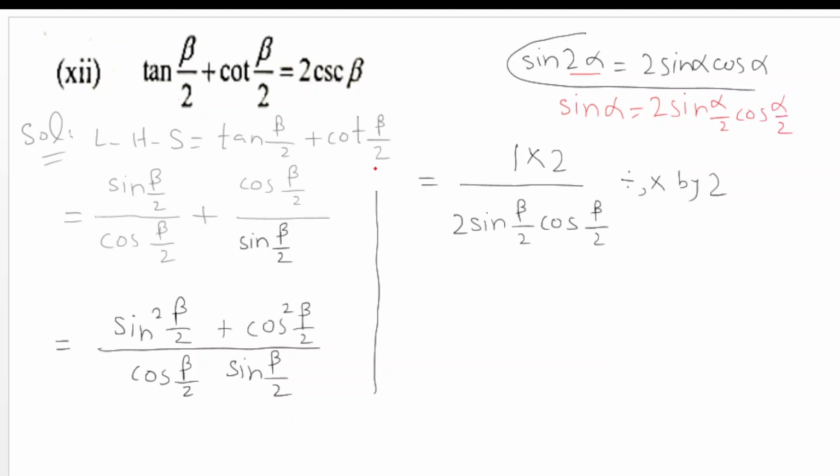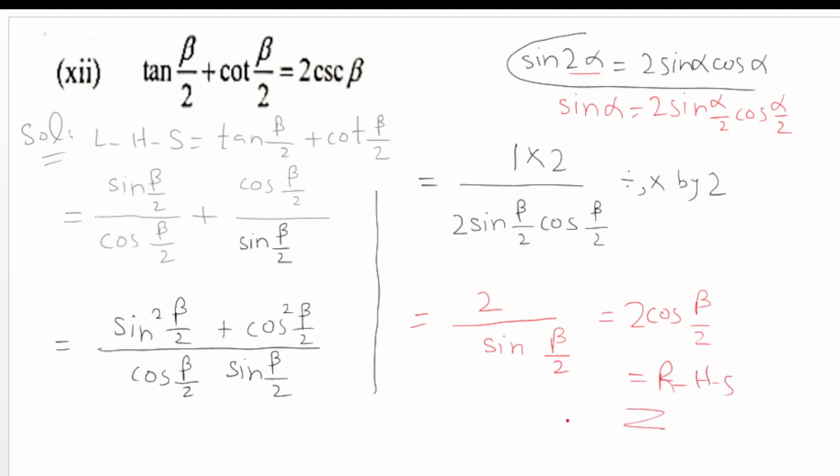Okay, so for this question, the 2 remains up as it is, and down sine beta by 2. So here that will be 2 cosecant beta by 2. That will be equal to the right hand side. So I hope you understand this question.